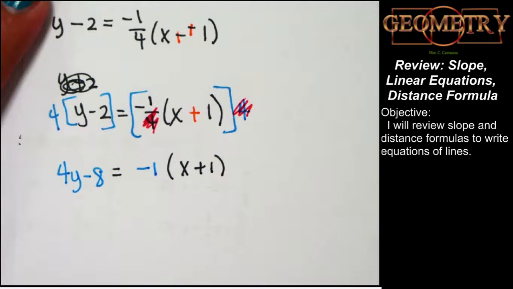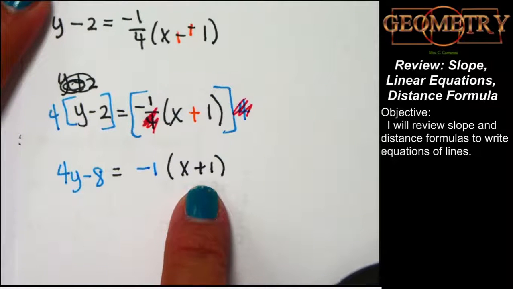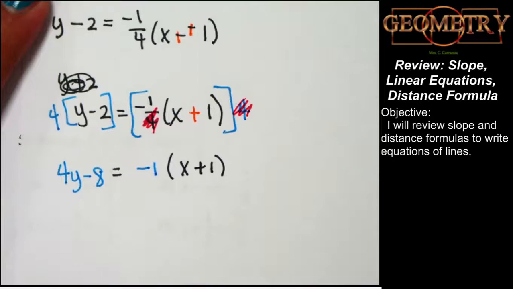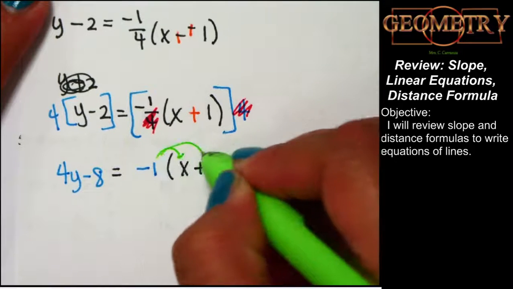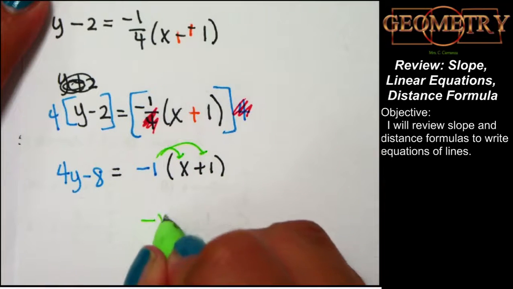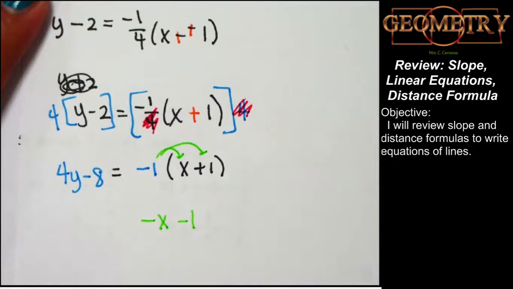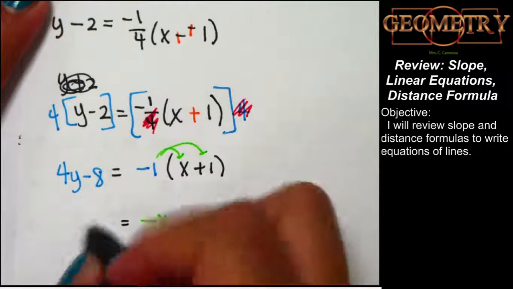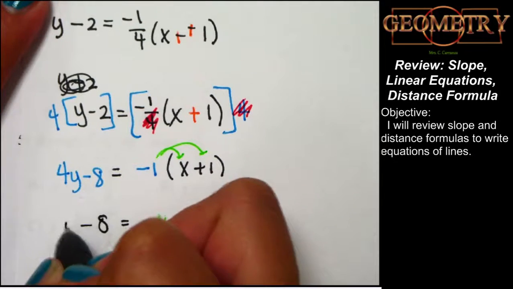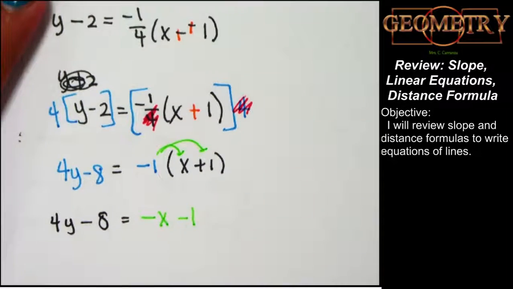But that's just a distribution thing, isn't it? With this negative 1? Yeah, totally distribution. So we're going to do that. We're going to distribute. So the right-hand side becomes something like this. The left-hand side remains looking like that.